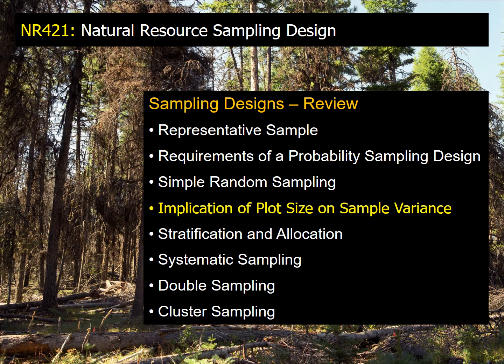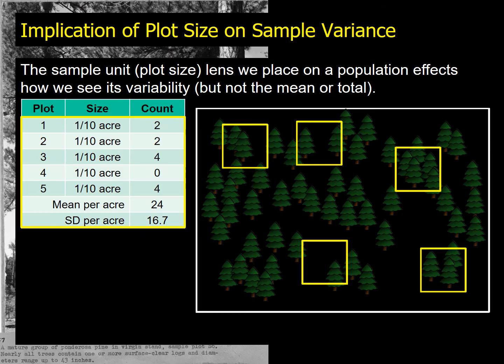An important aspect to sampling the natural world is considering how our sampling unit will influence how we see the population. The scale at which we choose to view a population influences what we observe.